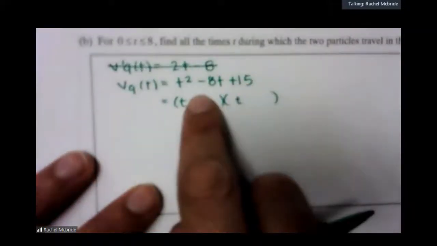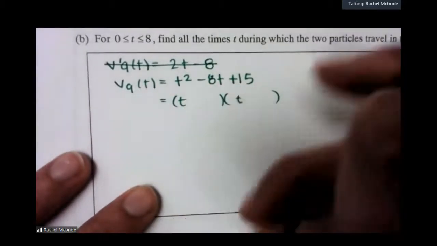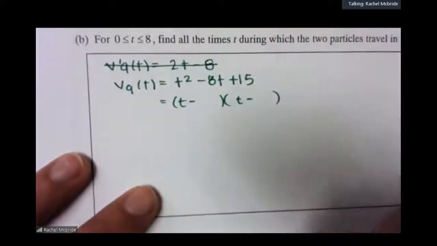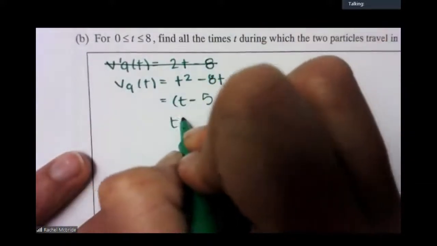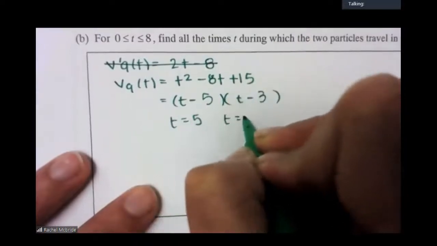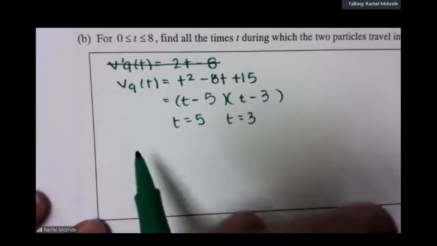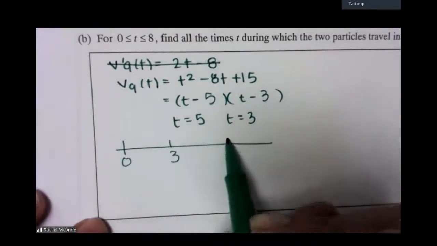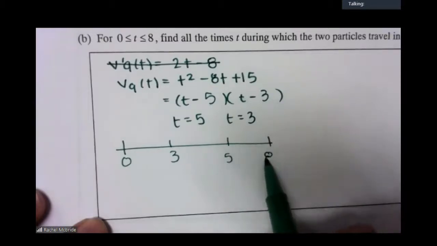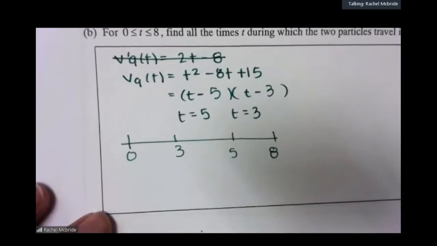So factors of 15 that sum to negative 8. Again, this is positive, middle's negative, so both are negative. So we get 5 and 3. So I need to know what's happening between 0, 3, 3, 5, and 5, 8.